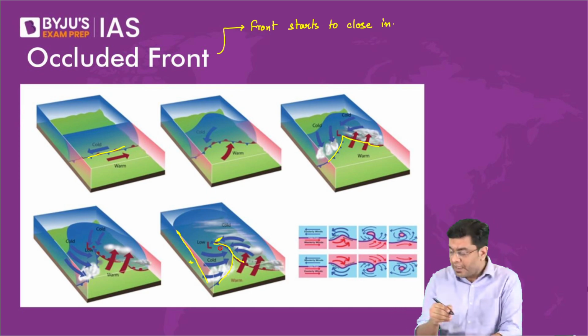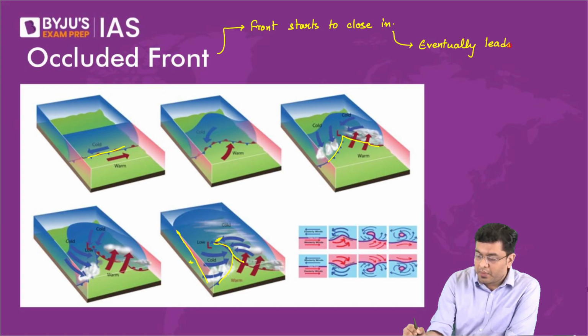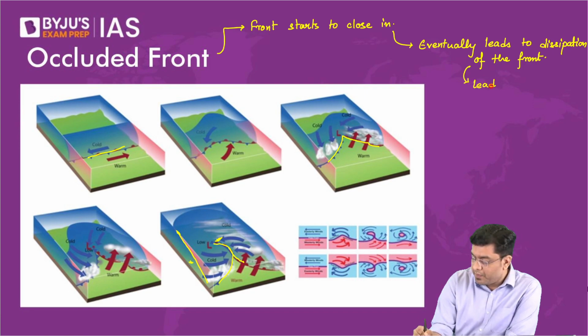So eventually it leads to dissipation of the front, and that is going to lead to frontolysis.